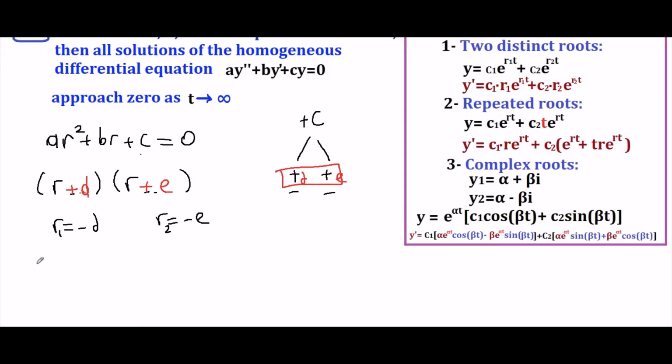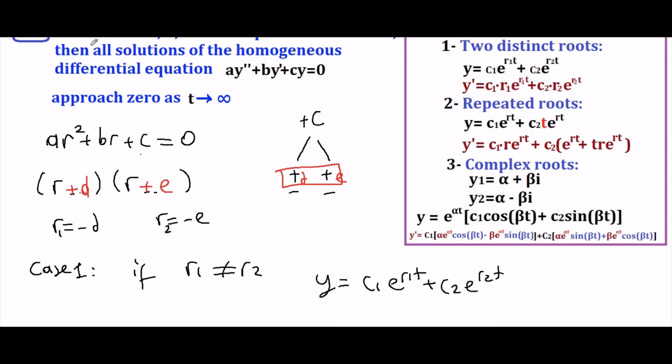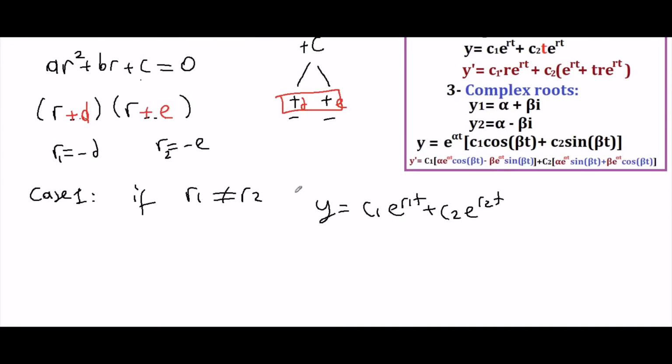So let's go case by case. In case 1, if r1 is not equal to r2, if the roots are not equal, then we have two distinct roots. Then our general solution is y equals c1 e to the r1t plus c2 e to the r2t. If we take the limit of this as t approaches infinity, we can see the value.